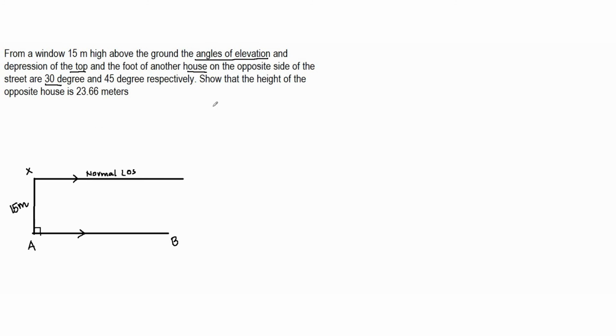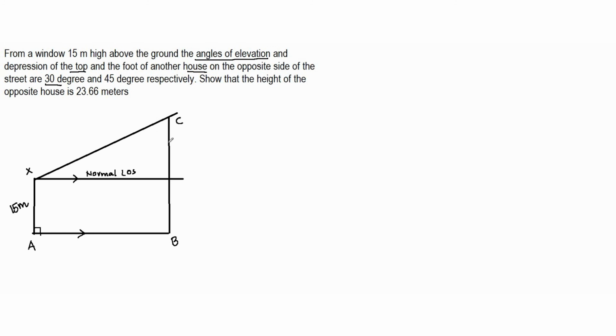Now, to look at the other house, you have to raise your eyesight. That means from this particular point, there is an angle of elevation which is experienced, and therefore I can say that the other house is over here.